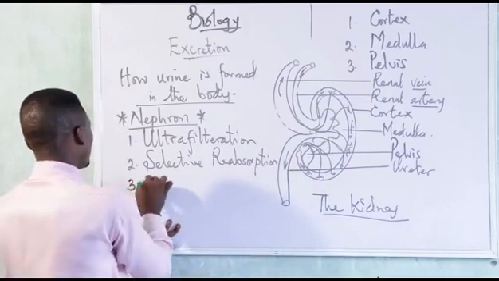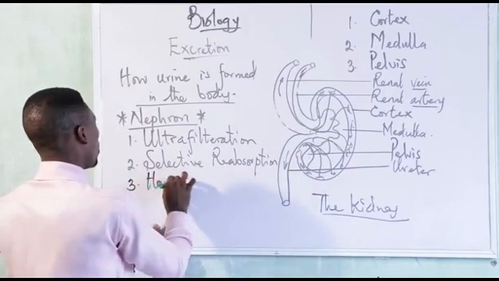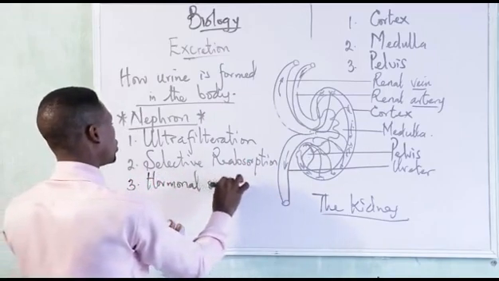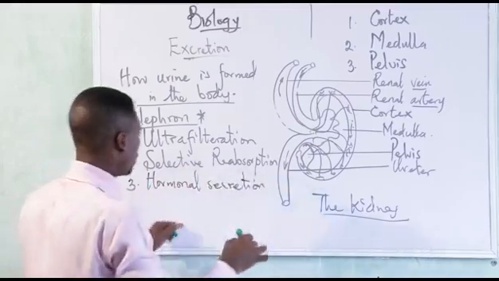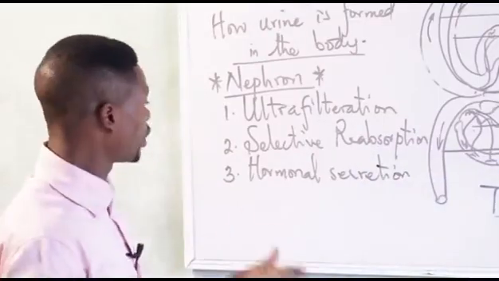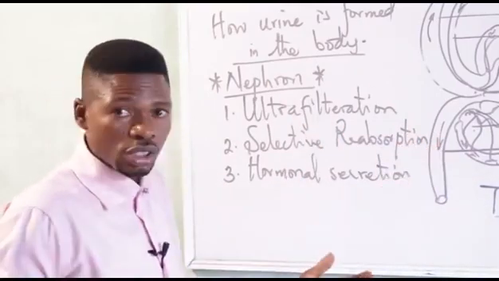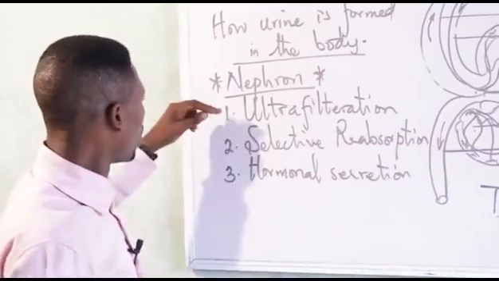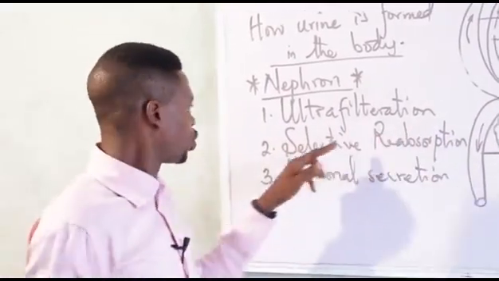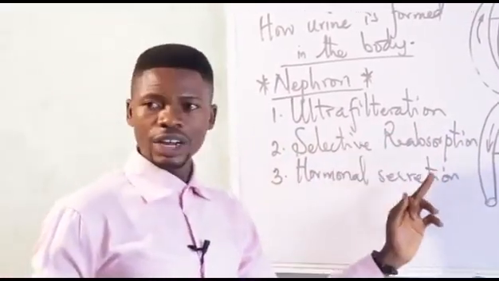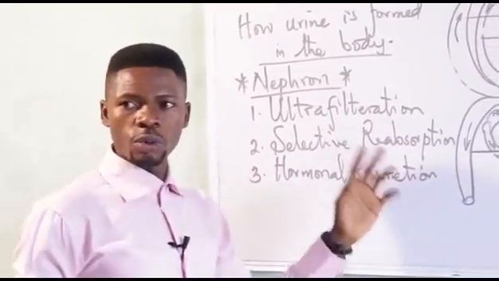Then the third one is what we refer to as hormonal secretion. In some books, you can see it as secretion. That's the urine secretion, where the waste product now goes to the external. Number 1, ultrafiltration. 2, selective reabsorption. And the third, hormonal secretion.